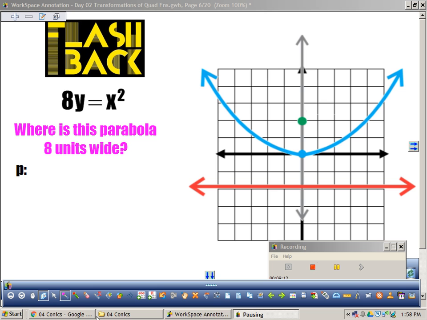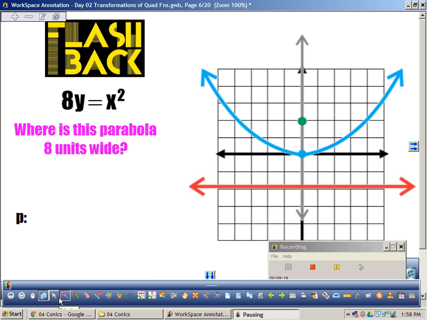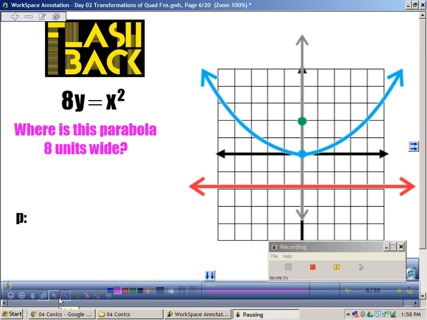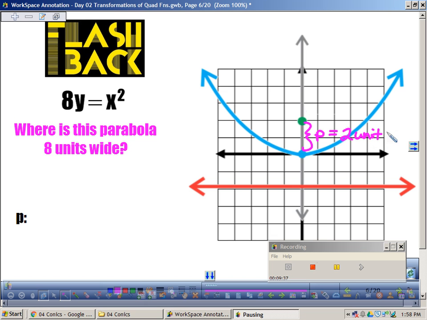How'd you figure out P? P is the distance from the focus to the vertex. So if this is P, how many units is it? But what would you do, Philip, if you didn't have a picture?